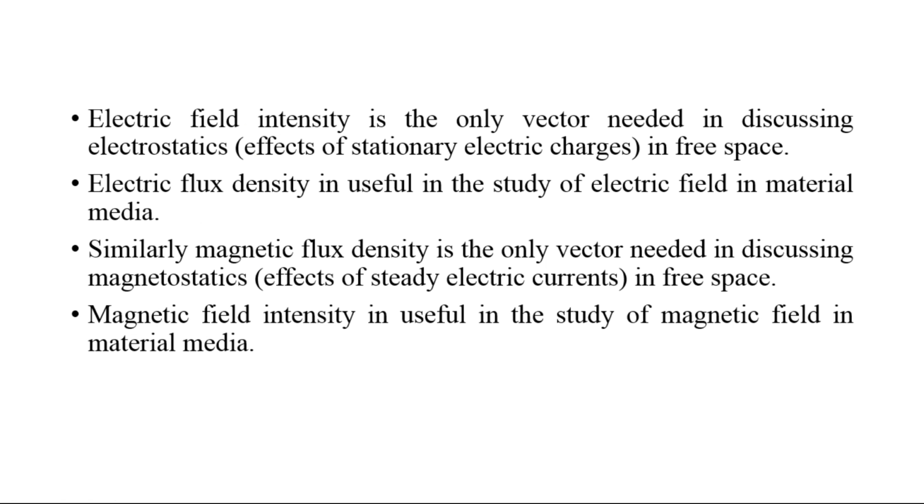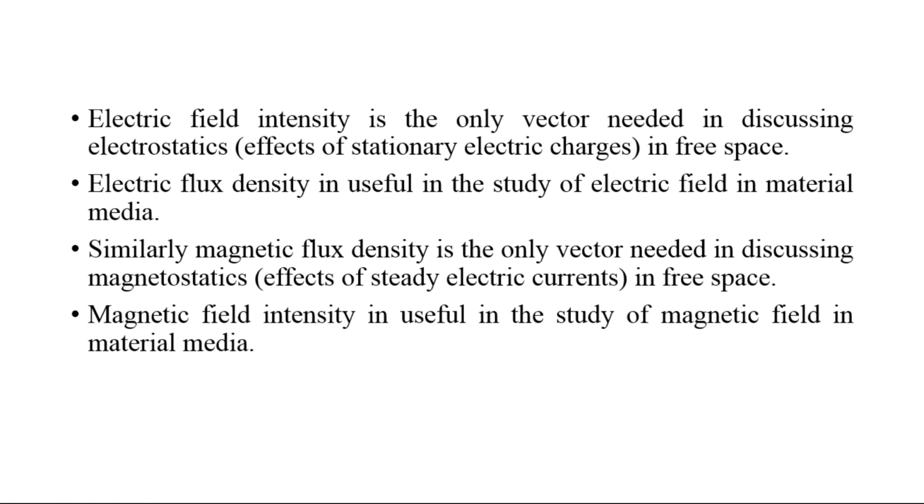So when there is no time variation, the electric field intensity and electric flux density form a separate vector pair, and the magnetic flux density and magnetic field intensity form a separate vector pair. But in case of time variation, these quantities are coupled.